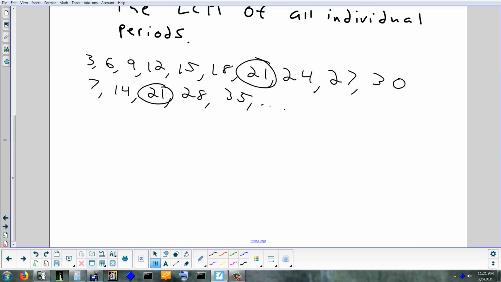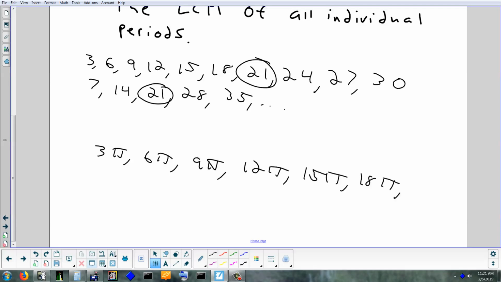If I did it with pies: 3 pi, 6 pi, 9 pi, 12 pi, 15 pi, 18 pi, 21 pi, and I could keep going. I'm just doing multiples of 3 pi. And now let's do multiples of 7 pi. 7 pi, 14 pi.